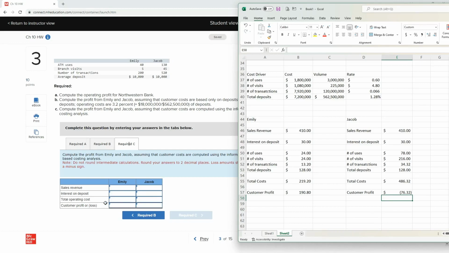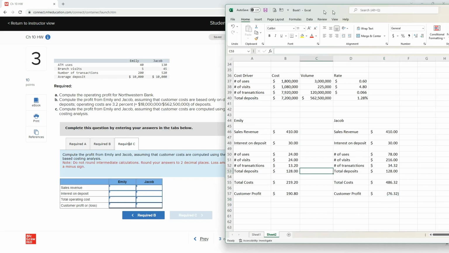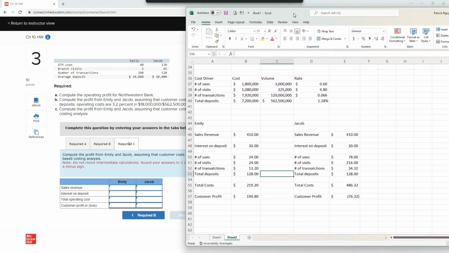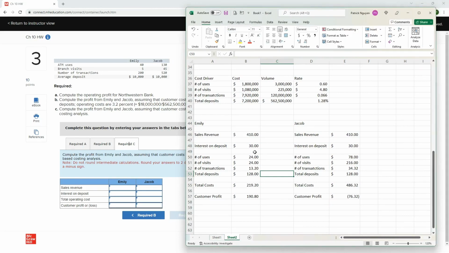Now, one thing to notice for Part C is that it's asking for total operating cost. So in the Excel spreadsheet, we calculated total costs, but really the question wants total operating cost. So that's not going to include interest that we pay to the customers. So we're just going to add up these four amounts for total operating costs.